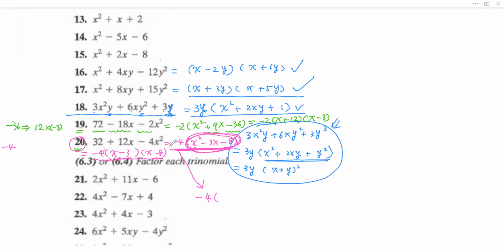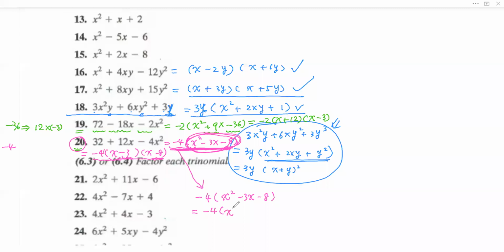You can only go up to this step. You cannot go further, because -3 times -8 is 24, and here it is -8. So up to now it cannot be factored by you guys because we didn't teach that part, but we can do that from now on. In earlier teaching, we didn't go that far yet.